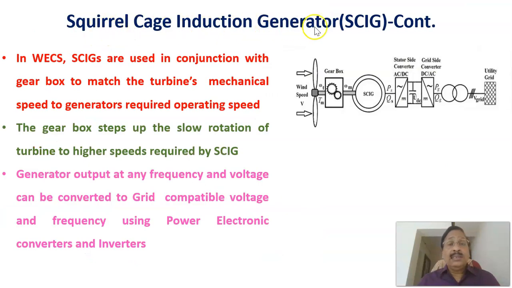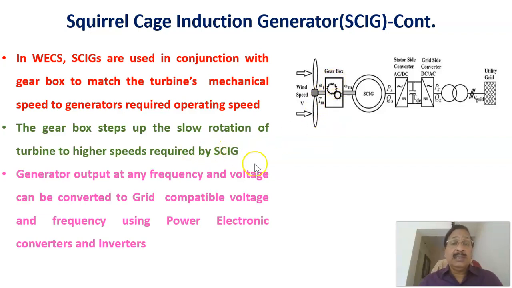Continuation of the squirrel cage induction generator. In wind energy conversion systems, squirrel cage induction generators are used in conjunction with a gearbox to match the turbine mechanical speed to the generator's required operating speed. The gearbox steps up the slow rotation of the turbine to the higher speed required by the squirrel cage induction generator.